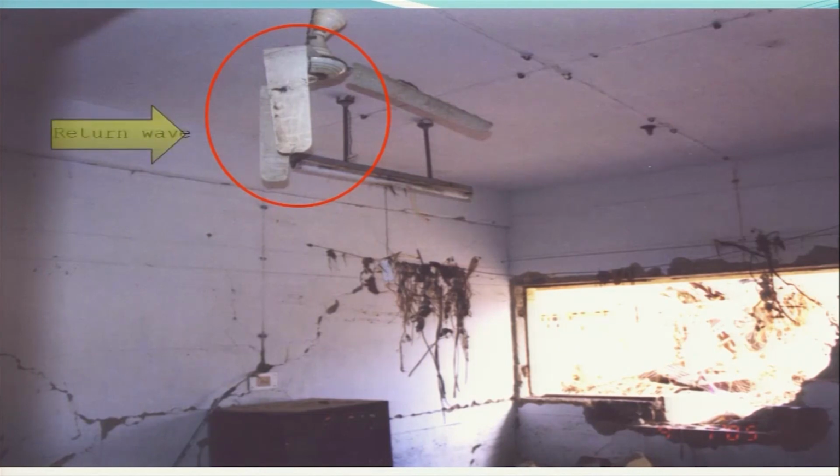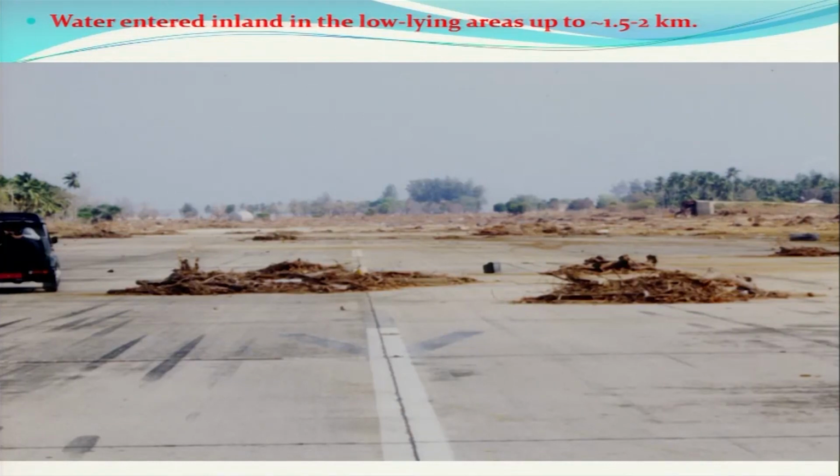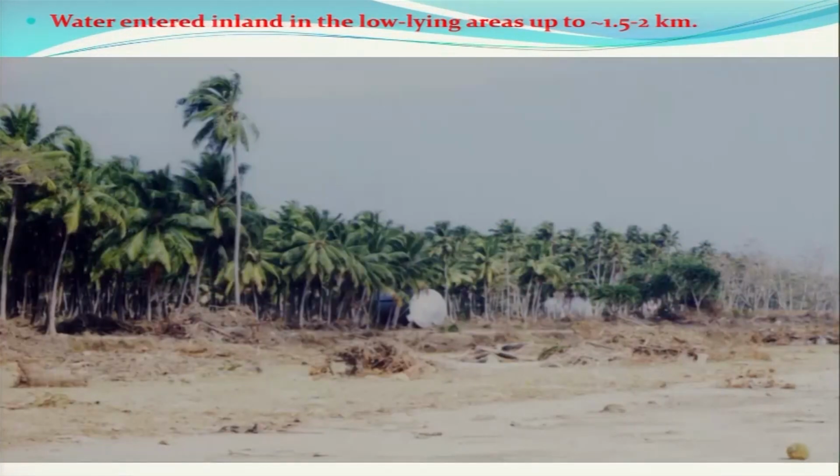So this was because of the return wave. The water entered much more inland, up to 2 kilometers from the coast, and this was the scenario at the airport of Car Nicobar. Even very huge, very heavy oil tanks were lifted and moved inland by the tsunami water.